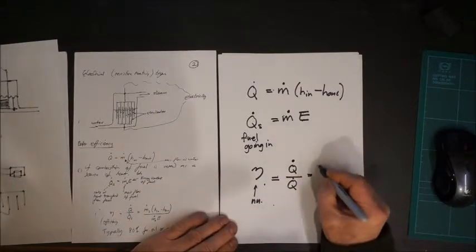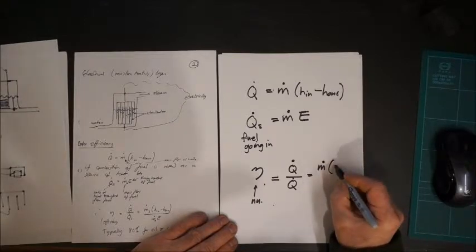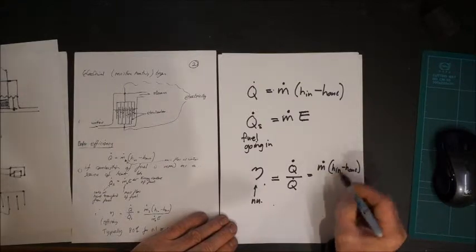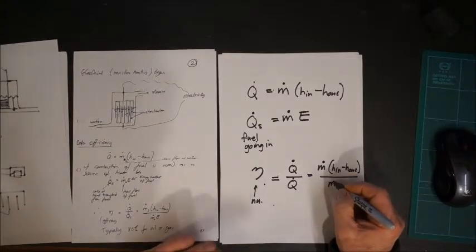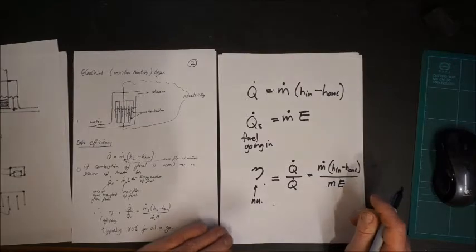And that's equal to the mass of fuel used, how fast that's being used, times the difference between the heat in and the heat out, over the mass times the energy constant.